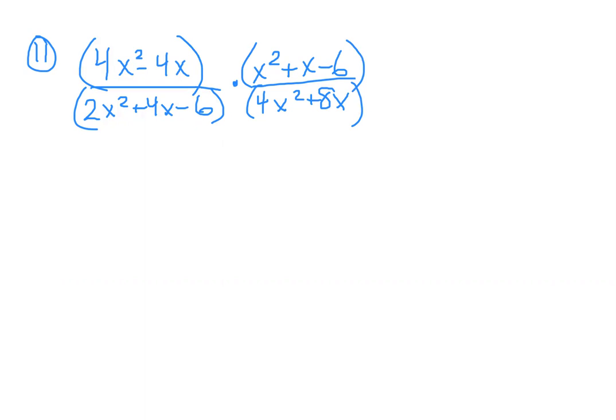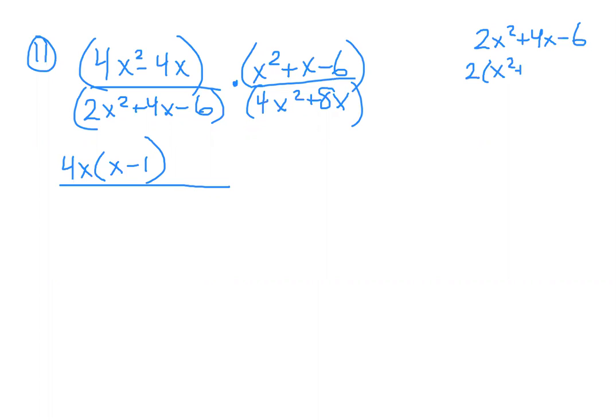So 4x squared minus 4x, we can take a 4x out of, and we're left with x minus 1. That's how that goes. In the denominator here, 2x squared plus 4x minus 6, I'm going to factor out a 2. And then I'm going to say what multiplies to give me -3 and adds to give me +2, and I get that.